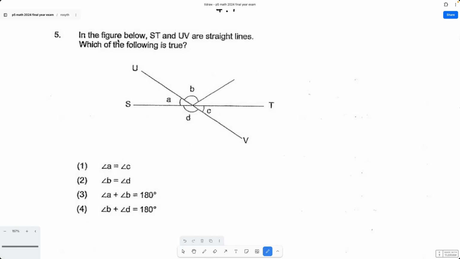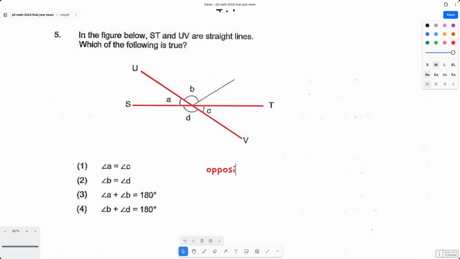In the figure below, ST and UV are straight lines. Which of the following is true? I'm going to draw two lines like this, ST and UV. Opposite angles are the same, so I'm going to write this down.